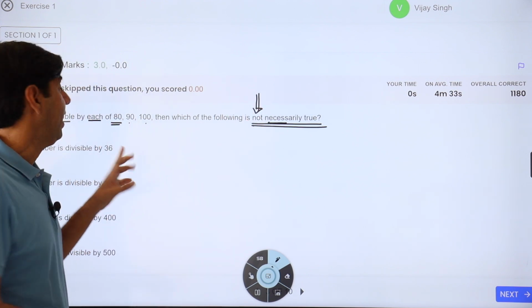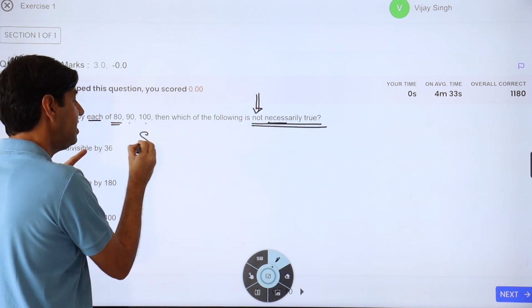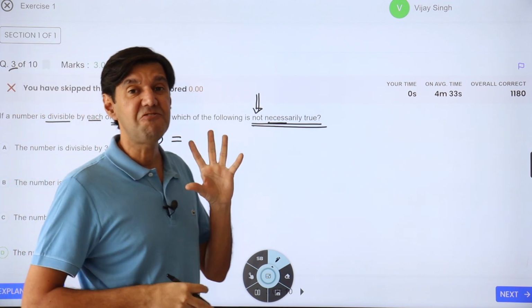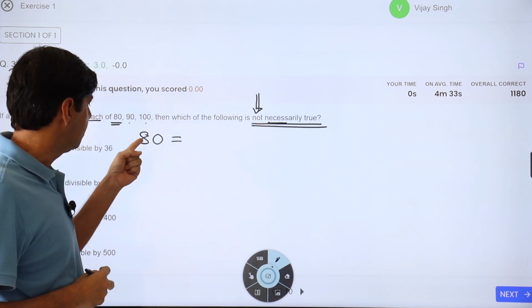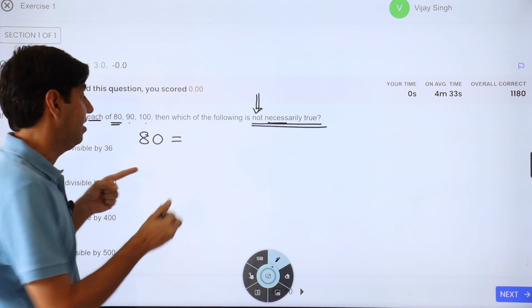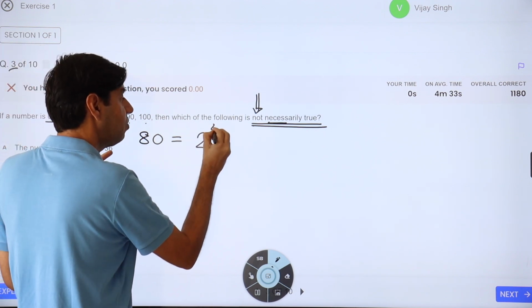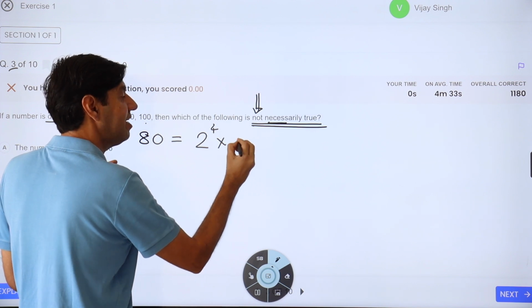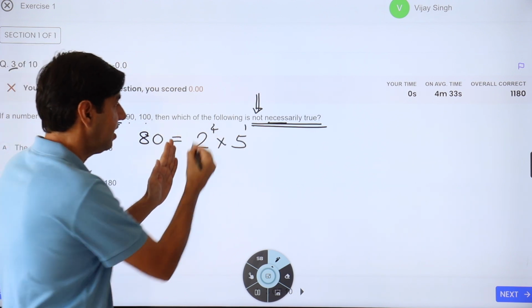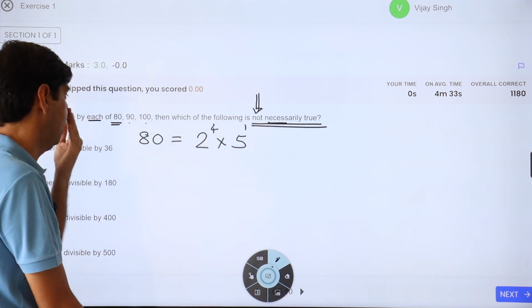So the best way is to take each number and break it into powers of primes. This is divisible by 2, 4, 8, 16 into 5. So it is divisible by 2 raised to 4 and 5 raised to 1. Try to split it such that there's nothing common between them.